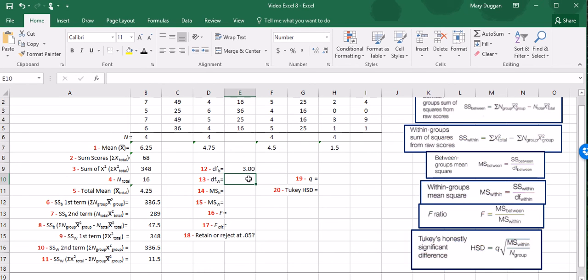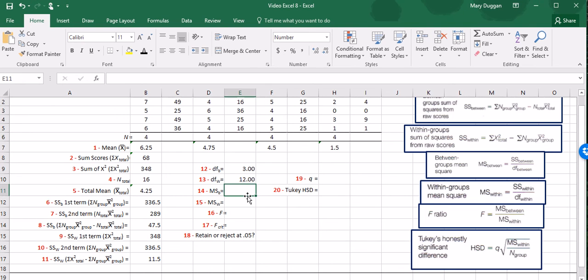The degrees of freedom for within groups is calculated by the formula n total minus k, or the number of groups. In this case, our n total, we already know, is 16. And the number of groups that we have is 4. So our degrees of freedom within are going to be 12. So we have degrees of freedom of 3 and 12.